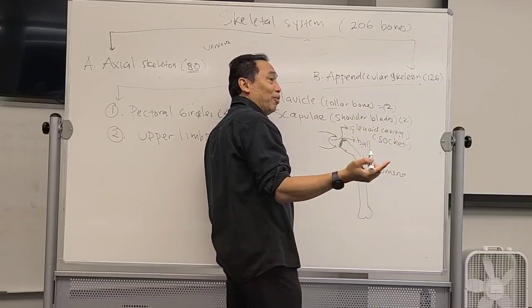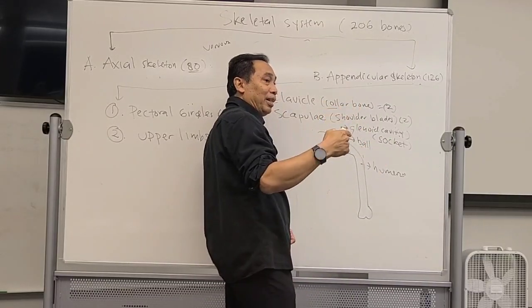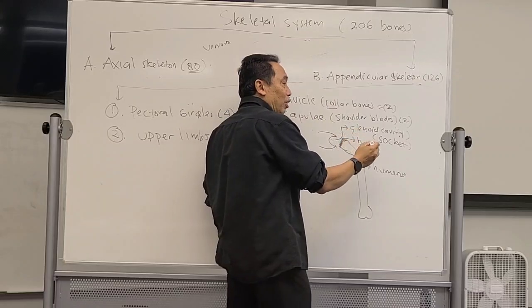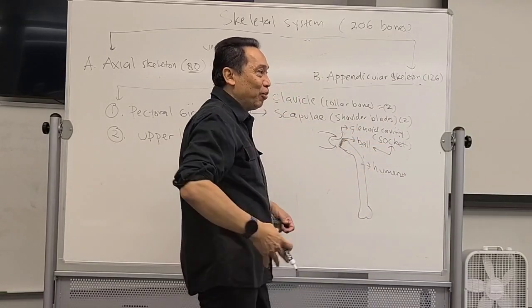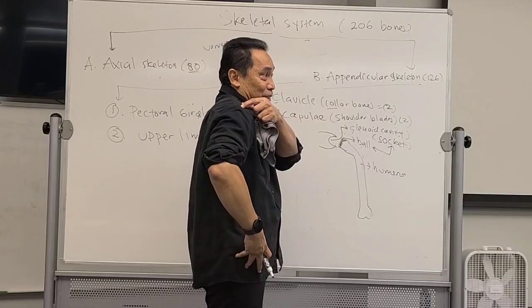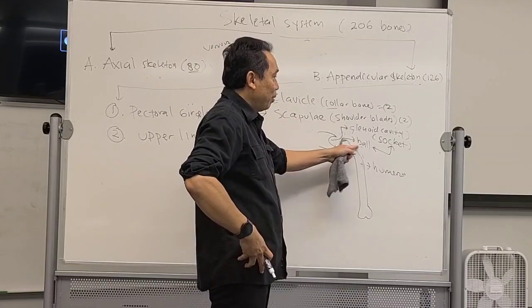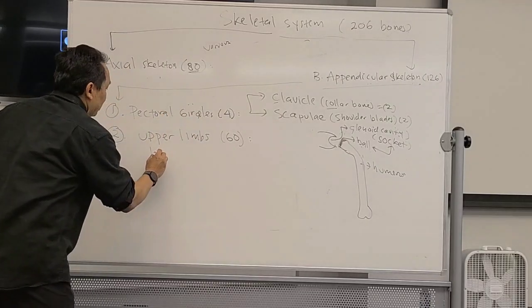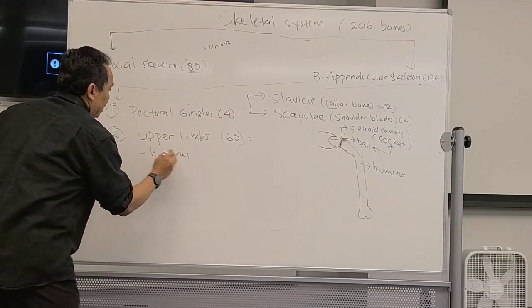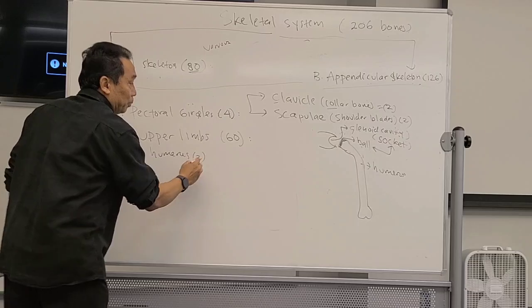Therefore, later in chapter 9 about joints, you have the joint called ball and socket joint, which we have in 2 places, in our shoulder and in our hip. So humerus. How many? 2, because left and right.